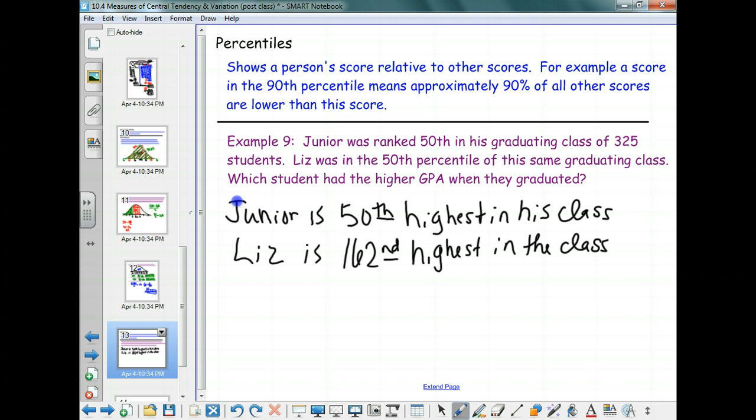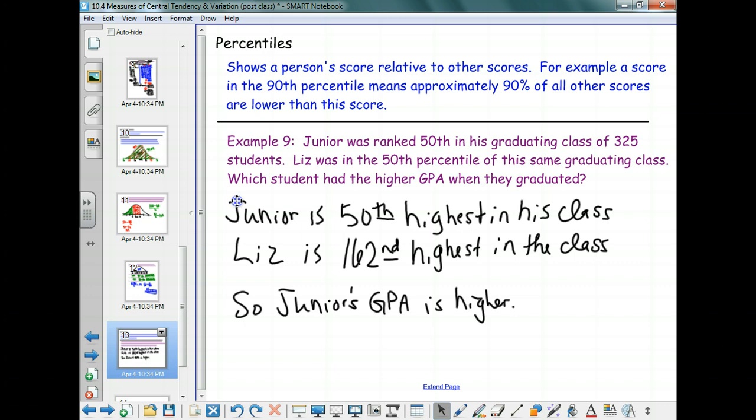If Liz is at the 50th percentile, it means that 50% of the people, so if we take 50% of, how many was it? 325, or divide 325 in half, we get about 162, right? 163, whatever you decide to round, I don't care. But it's a far cry away from Junior, right? Junior's much higher up in the GPA. So Junior's GPA is higher.